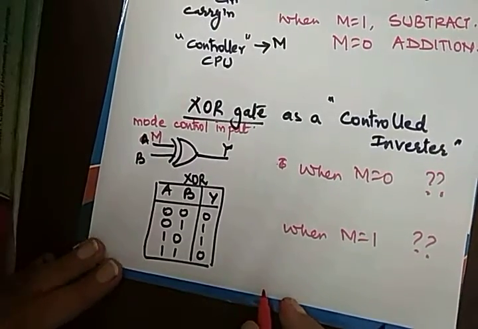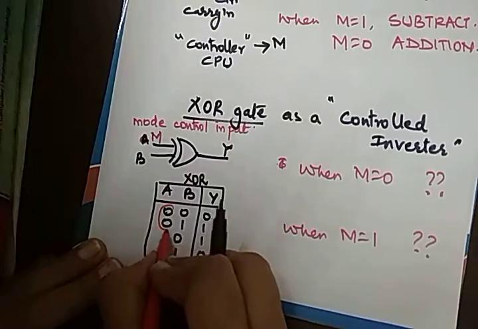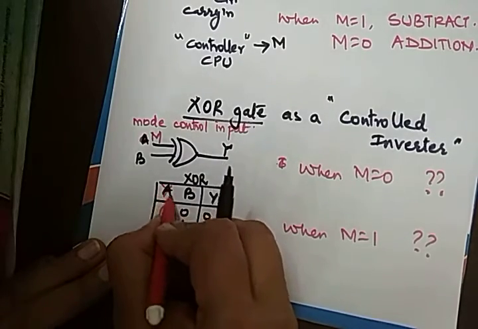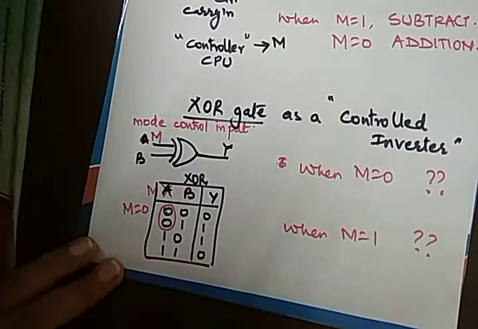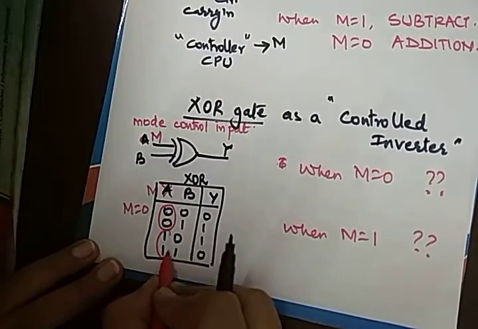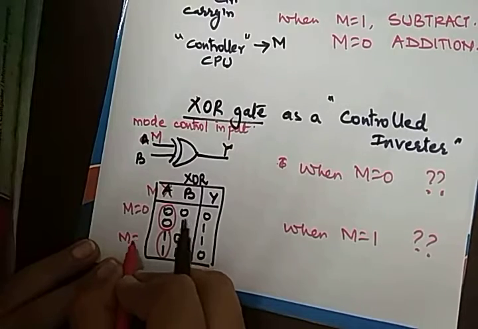From the truth table, you can see that if I call this A as M, these are the 2 combinations when M is 0, and these are the 2 combinations when M is 1.